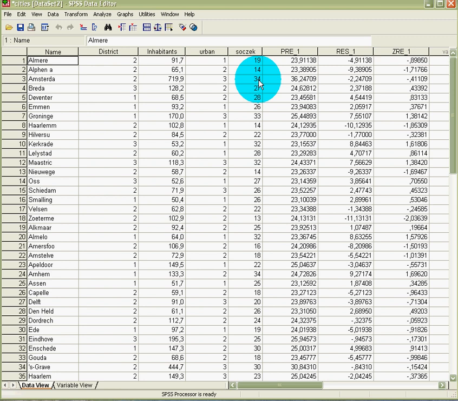So this is our residual, the difference between those two numbers, the actual number and the prediction. And standardized residual is again this z-score, so we divide things by the standard deviation.